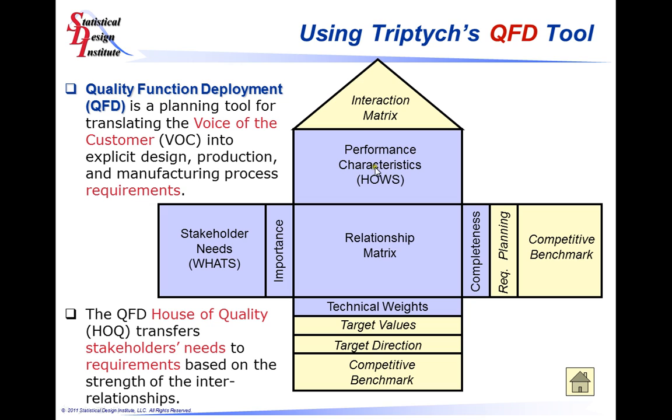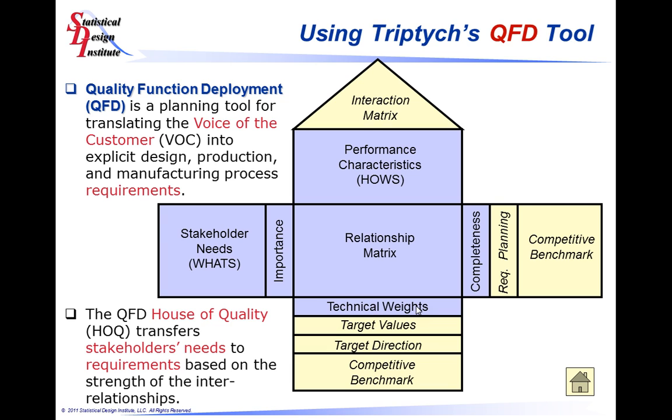The next step would be then to determine the basic performance characteristics, or hows, that would support the achievement of the stakeholders' needs or wants, and then to assess the relationship between the hows and the whats, and then come up with numerical scores in terms of completenesses and technical weights that could be used to address the thoroughness of your approach or your identified hows to support the stakeholder wants, and then also to help us in understanding the relative importance of the hows through using their technical weights.